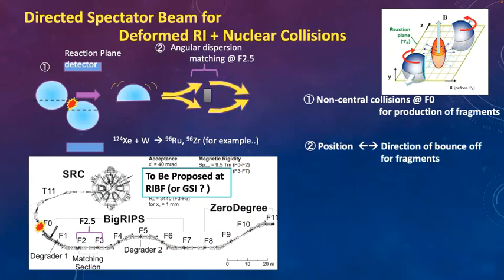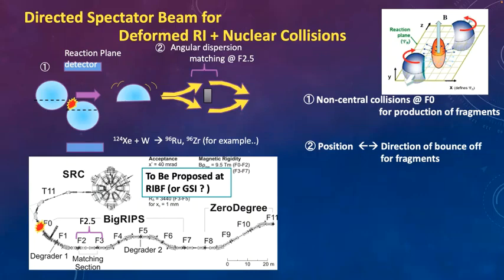And the second step, okay, if we have the spectator, depending on energy, there's some bounce off of this, and the trajectory changes. And the idea is, we have some possibility to have angular dispersion matching. This is the straight beam, and we have some sensitivity to angle.